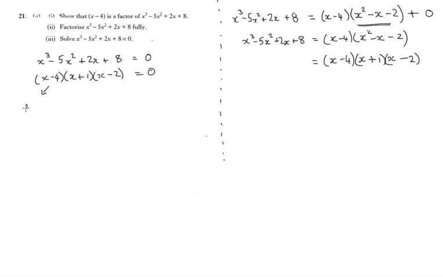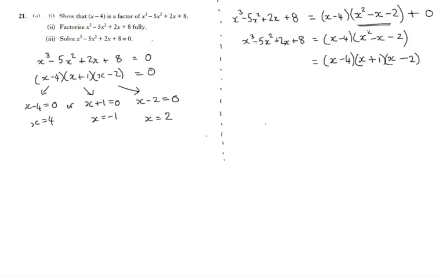Whether it's the x minus 4 that's the 0, or the x plus 1 that's the 0, somewhere in there there's a 0. If this was the 0, x would be 4. If this was the 0, x would be minus 1. And if this was the 0, x would be 2. So we have solved this cubic equation. We have 3 roots for this equation.